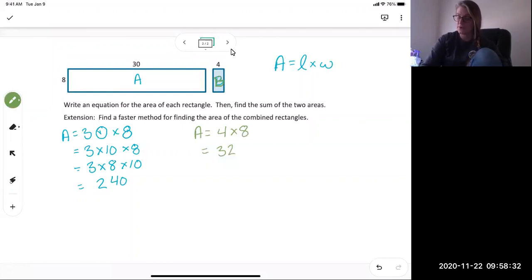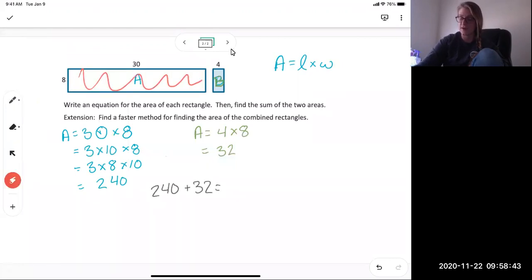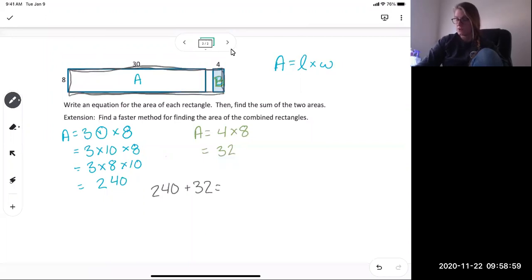So we would add 240 plus 32, and that's going to give us the sum of both of the areas of each rectangle. So that would give us the area of this whole rectangle if they were put together. So 240 plus 32 is 272.